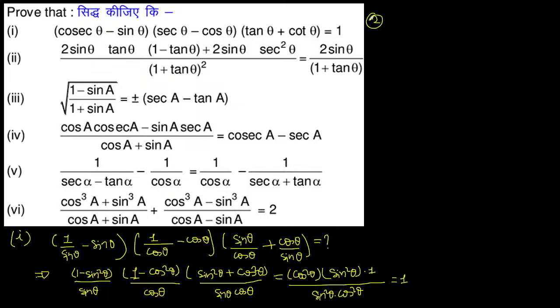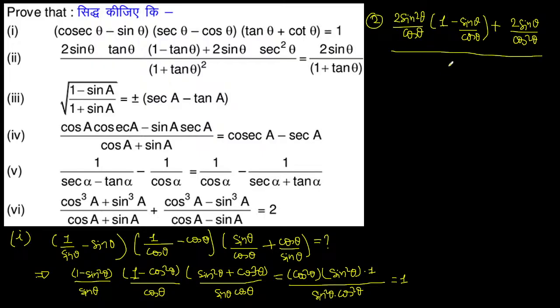Going with the second one, should we consider this is multiplication? Yes. So tan could be written as sin theta by cos theta. So we have 2 sin square theta by cos theta, this is 1 minus sin theta by cos theta, plus 2 sin theta by cos square theta.